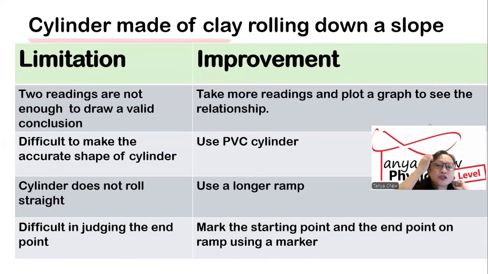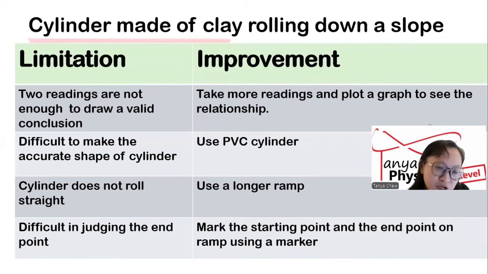And the next limitation could be that because we are given the clay, it's very difficult to make the accurate shape of the cylinder. So I will say that instead of asking me to make the shape of a cylinder, why not just give me a PVC cylinder, or a cylinder that comes with the correct shape.